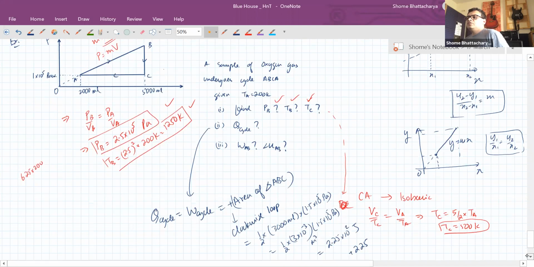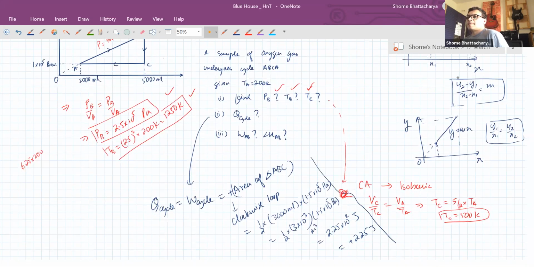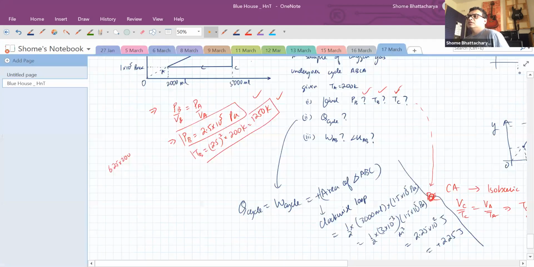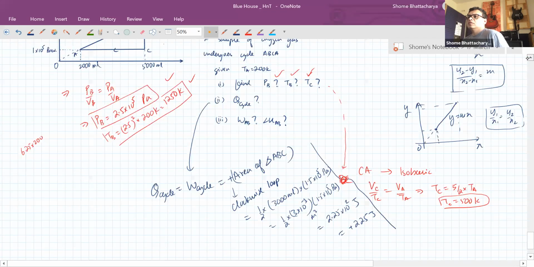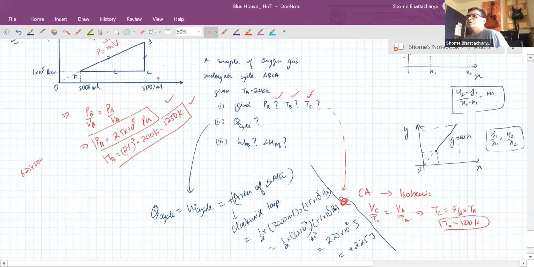So this is what I am getting for the value of Q cycle. No, the height of the triangle, beta. The height of the triangle is this thing now. See, this is the height of the triangle.